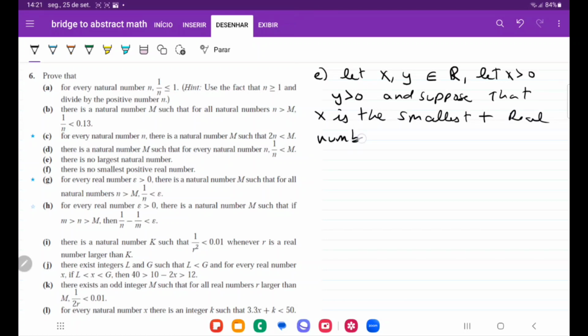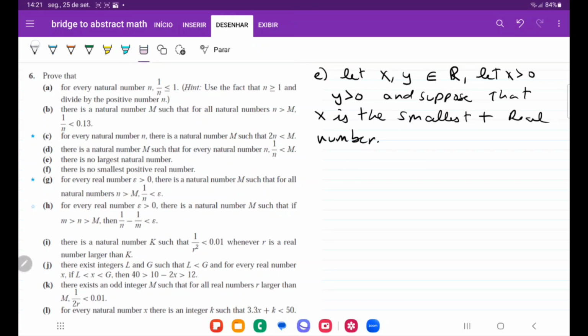So we're beginning by assuming the opposite, and now we're going to say let y be equal to x over 2, which we can do because x over 2 is still going to be positive.